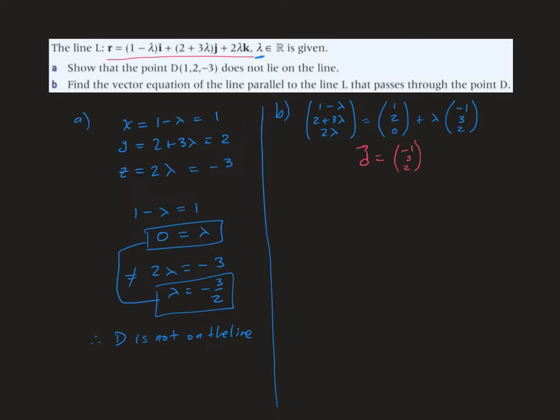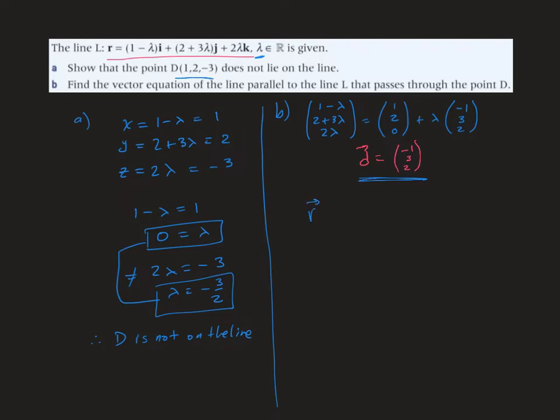So for my equation of the line that is parallel to this line L, I'm going to use this value of the direction vector, but I'm going to use these coordinates as the point that the line goes through.